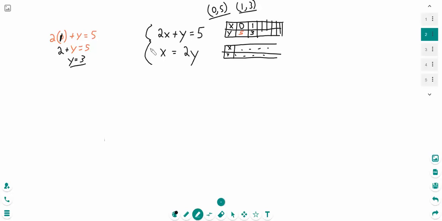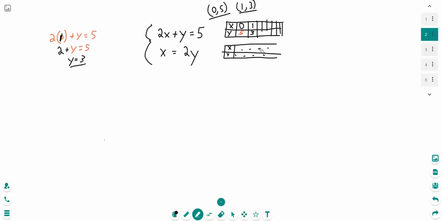Okay? And what that means is that there may or may not be infinite solutions to this set of equations. Each individual equation has infinite solutions, but we're only interested in the solutions that are a solution for both equations.